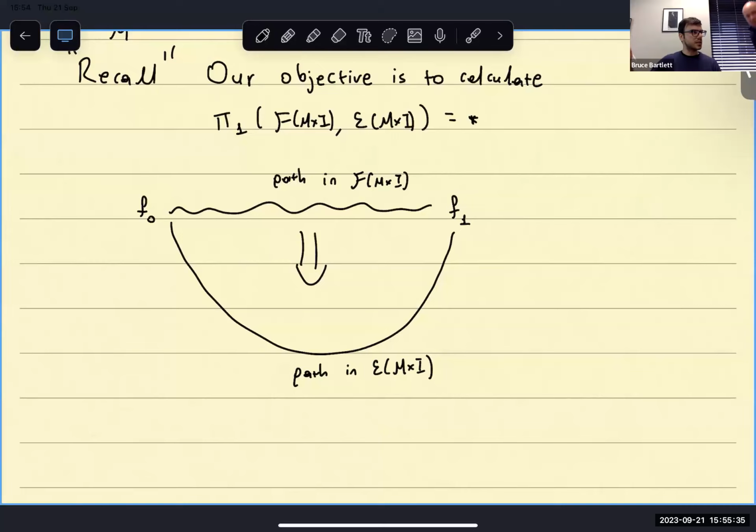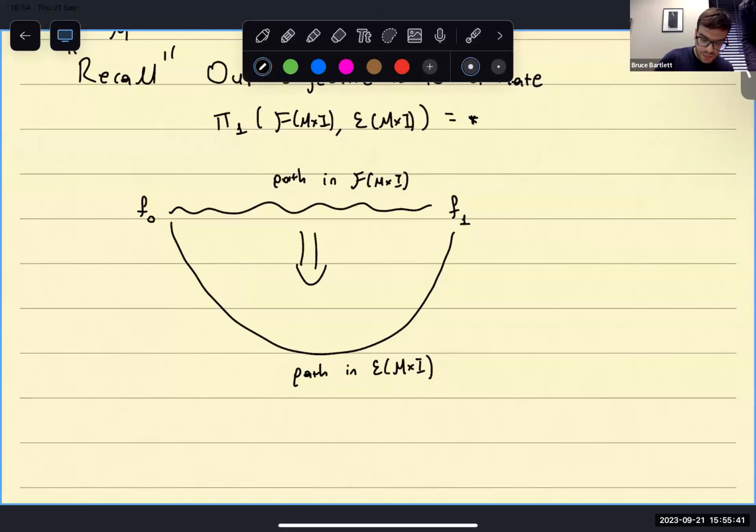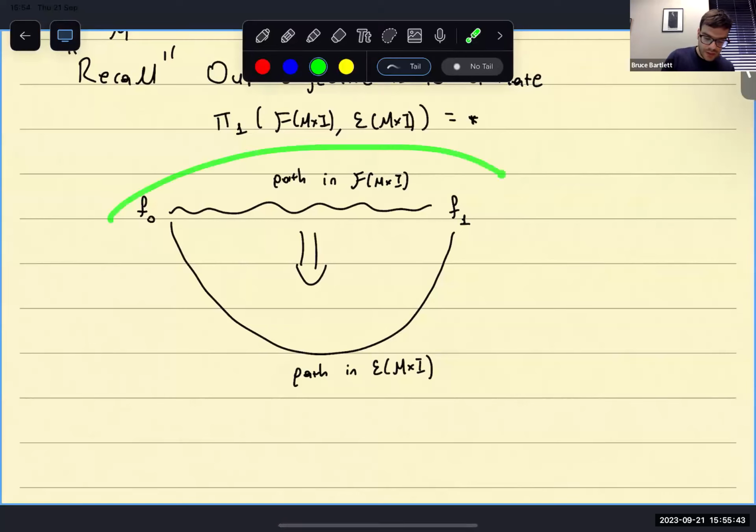Okay, is it clear what we're trying to do? So if you give me a path in the space of all smooth real valued functions on M cross I, by Cerf's theory, I can perturb it a little bit to a Cerf path.